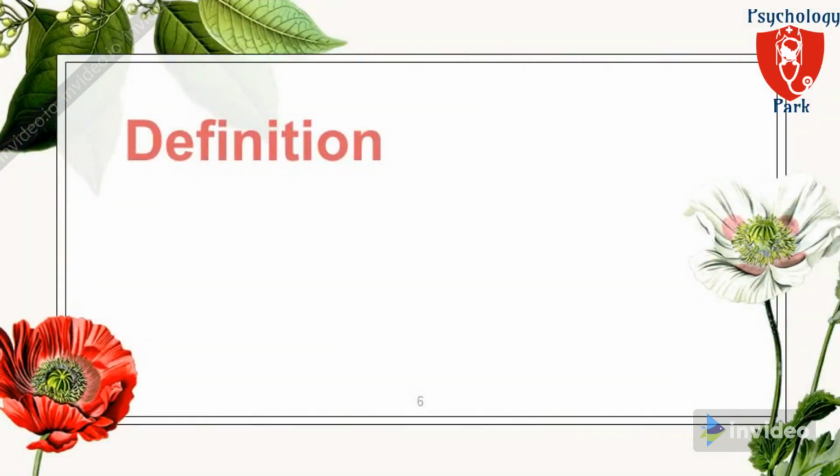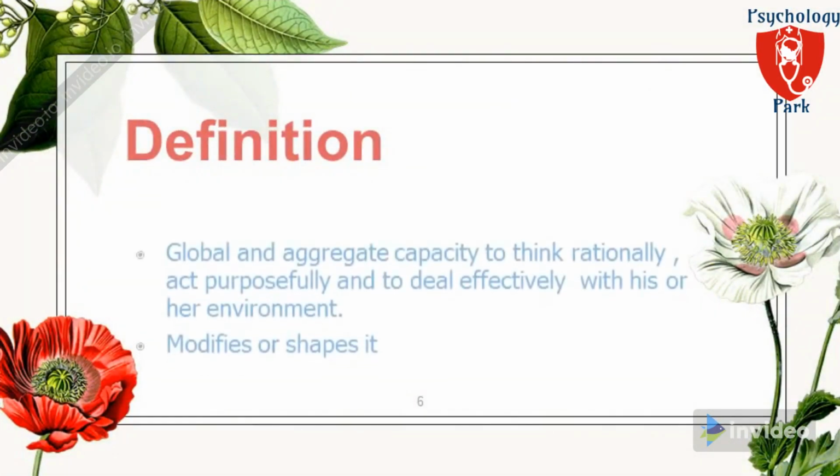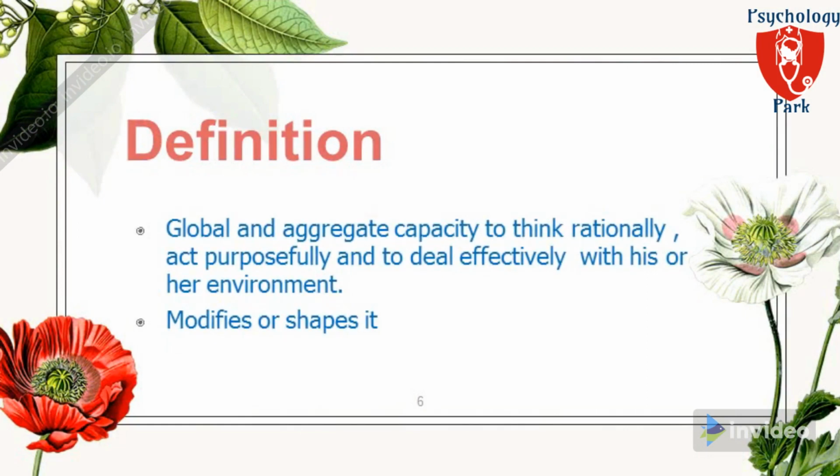Let's look at how Wechsler defined intelligence. It is the global and aggregate capacity of an individual to think rationally, act purposefully, and to deal effectively with his or her environment.